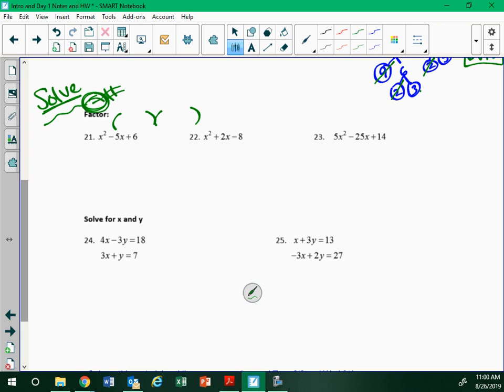Now, because the leading coefficient here is 1, we can take the shortcut, which is awesome. But I want to show you what we have to do when there is something other than 1, and thus we can't take the shortcut. So it's still the same process. We need what multiplies to the outside and adds to the inside. Depending upon your teacher, you might have written it as a little T-chart.